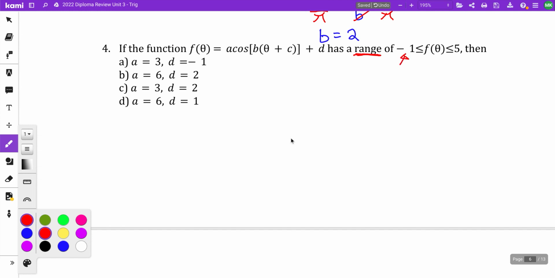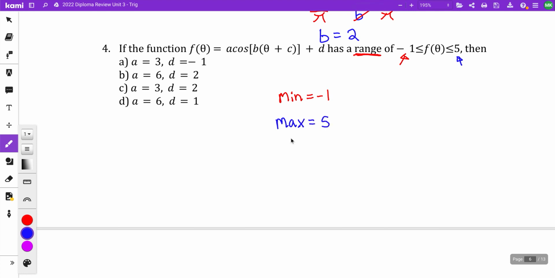This is a minimum equal to negative 1. This is a maximum equal to 5. Agreed?